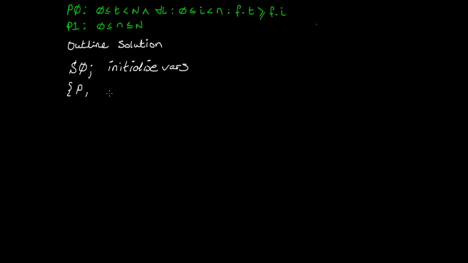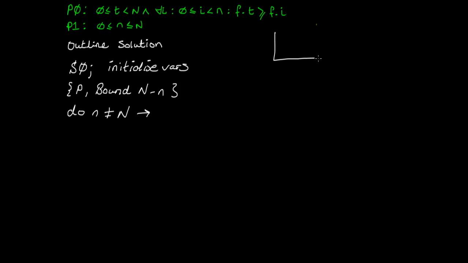Now, because we've replaced large n with small n, our bound function will then be large n minus small n. Our loop then becomes do small n not equal to large n. And how do we know that this is the case?